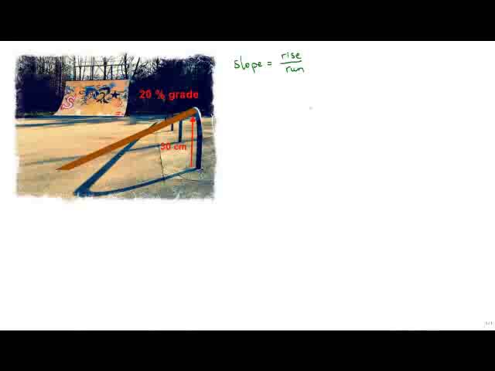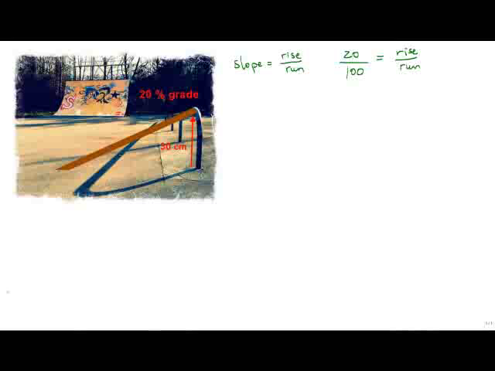And so if we look at our slope, 20% grade means that our slope is 20 over 100. So basically what I've done is just take the 20%, and we know that 20% is the same as 20 out of 100. And that's rise over run.